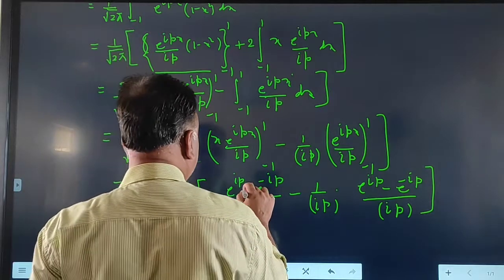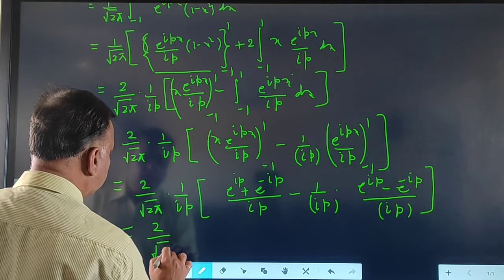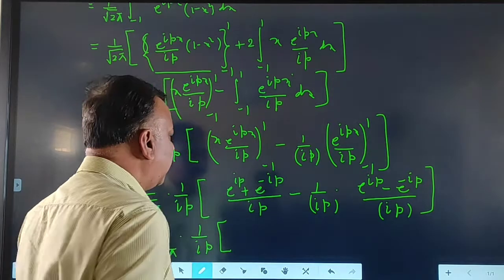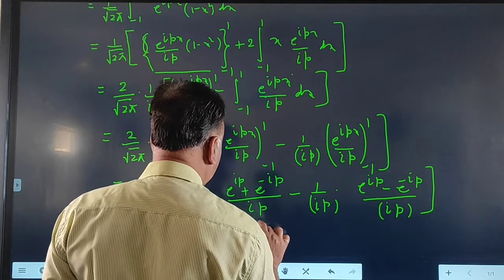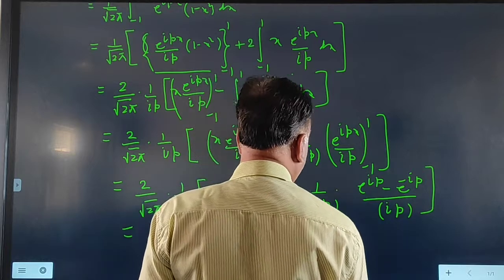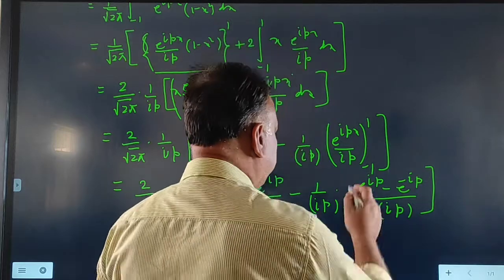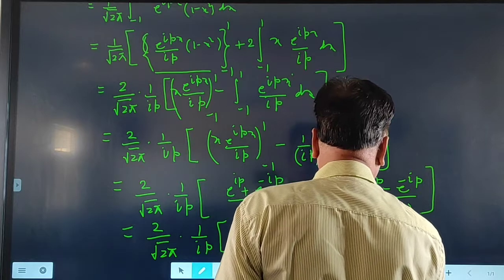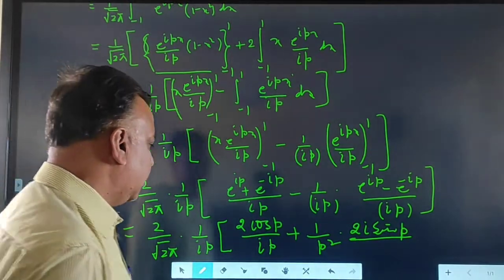This is plus rather. So we get 2 upon root 2 pi, 1 upon iota p. e raised to iota p plus e raised to minus iota p is 2 cos p. So 2 cos p upon iota p, minus minus plus 1 upon p square. Minus minus iota square is 1, and this is equal to 2 iota sin p upon p square.